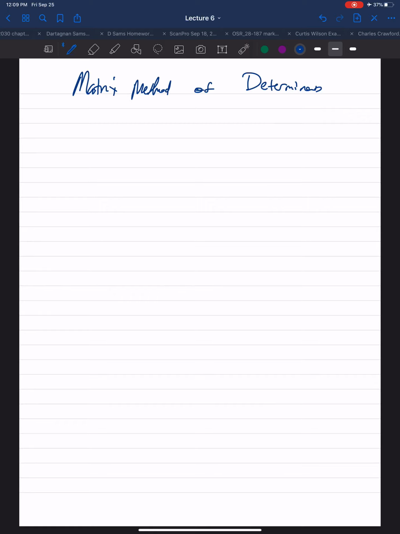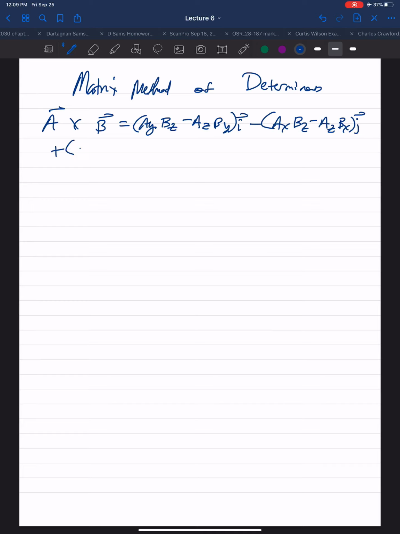So you saw the lengthy way of doing vector A cross vector B, and we ended up with AY BZ minus AZ BY i, then minus AX BZ minus AZ BX j, plus AX BY minus AY BX k.